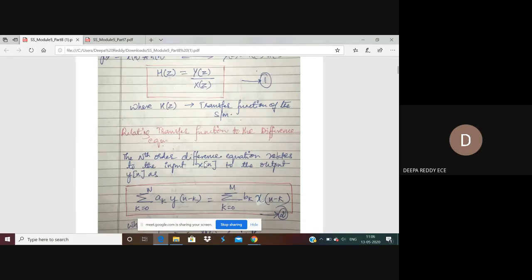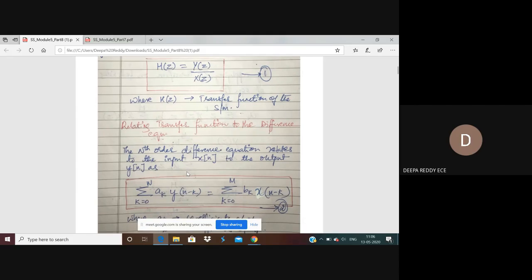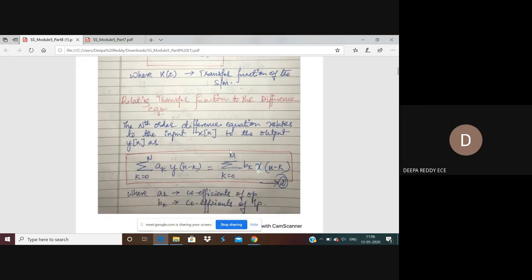In general, the nth order difference equation relates the input x of n to the output y of n.